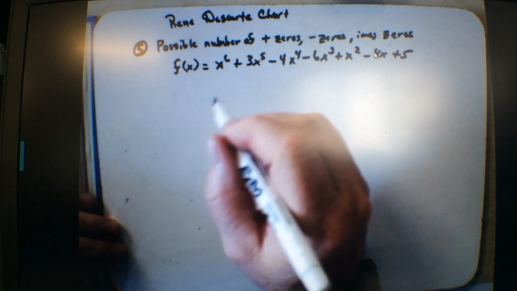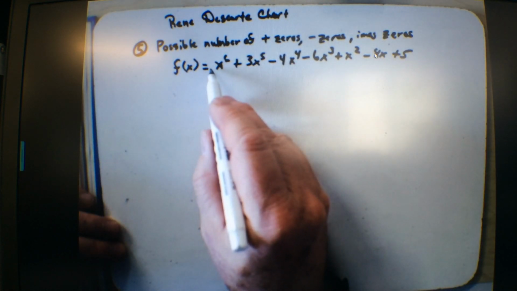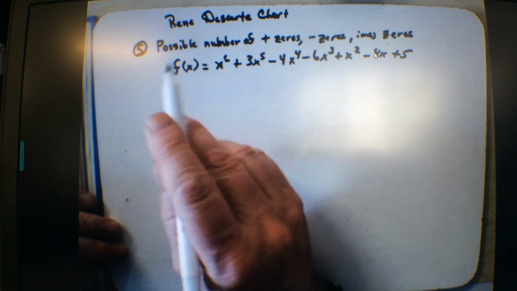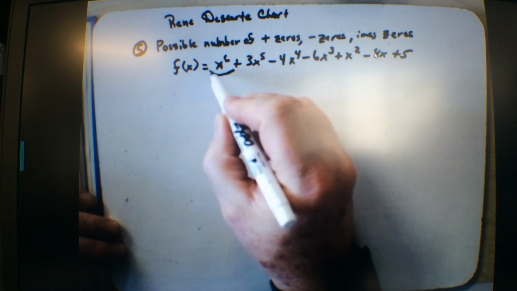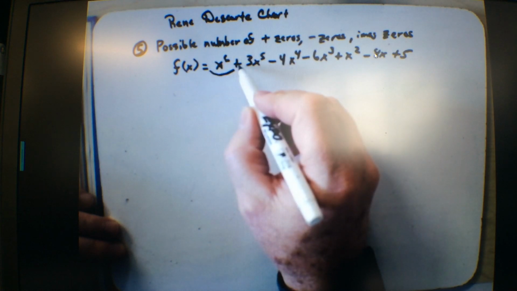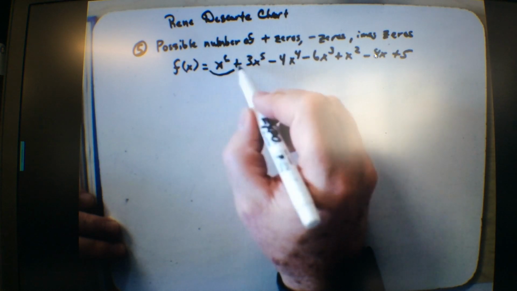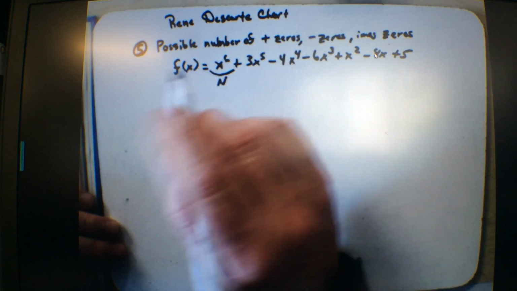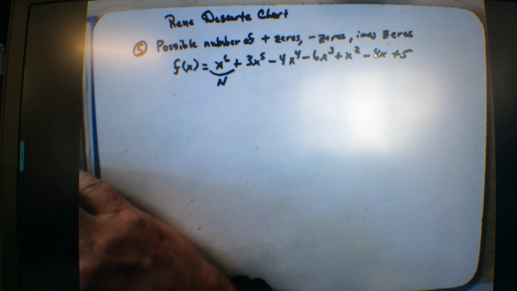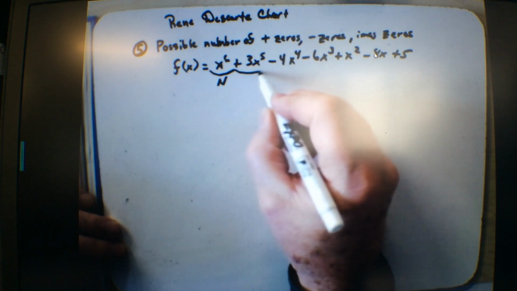So I'm going to look for sign changes. What is the sign in front of this guy? Positive. We don't put it, do we? But it's positive. Is that a sign change from that to that? Well, that's positive to positive. Is that a sign change? No. So we put an N. Is this a sign change?